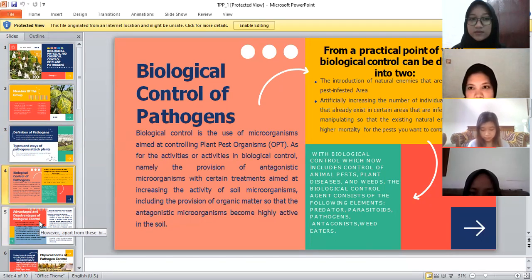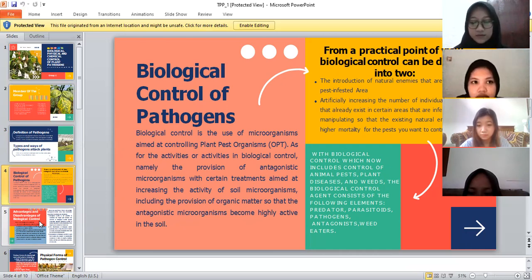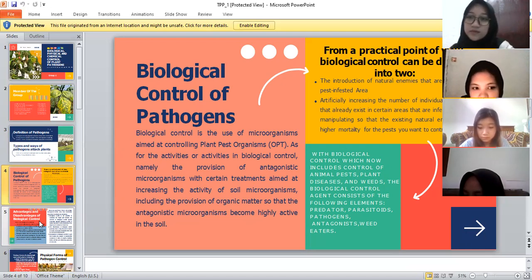First, the introduction of natural enemies that are not found in the pest-infested area. Two, artificially increasing the number of individual natural enemies that already exist in certain areas that are infested with pests, by manipulating so that the existing natural enemies can cause higher mortality for the pests you want to control.